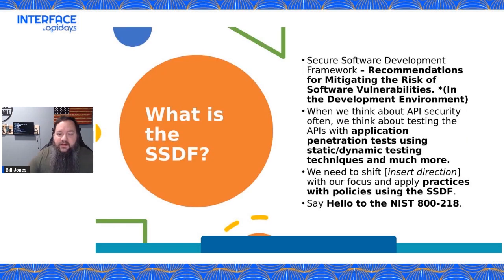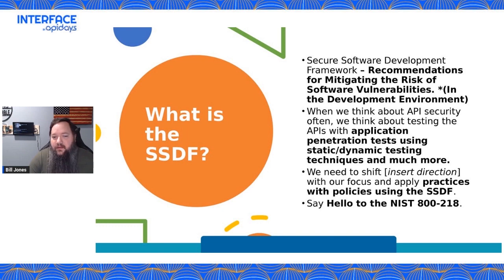So the SSDF is NIST's Secure Software Development Framework, and there's a version 1.1 that was released in 2020, and it's got the added title of Recommendations for Mitigating the Risk of Software Vulnerabilities. There's a bit of a caveat there because it can be a little misleading.